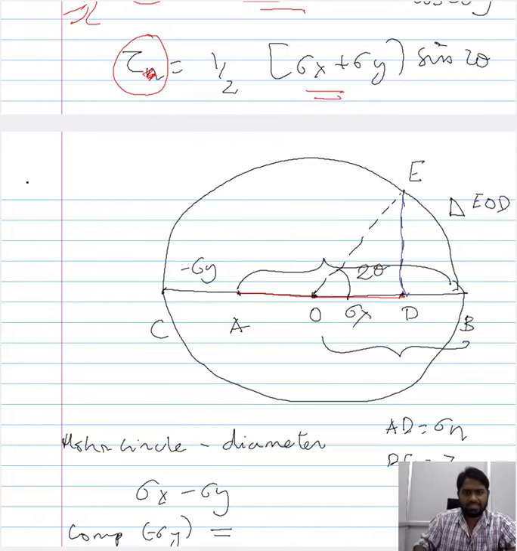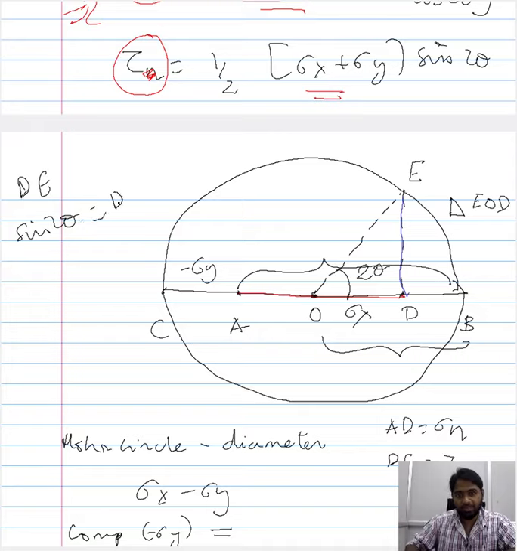This DE can be quantified by considering sine 2 theta. So sine 2 theta is nothing but DE by OE, rather. Let me write it down separately.